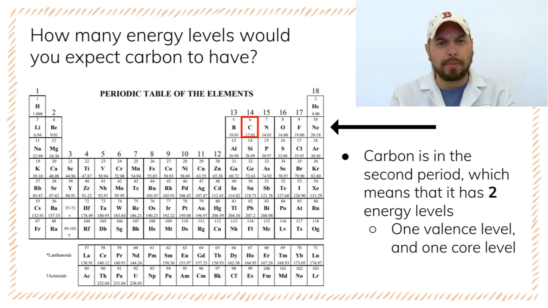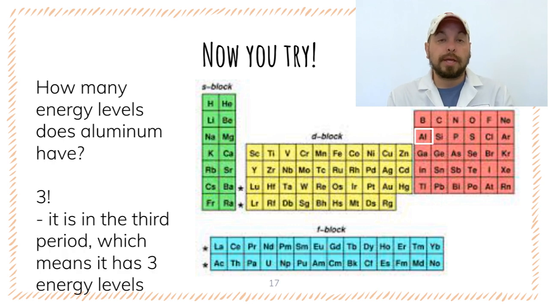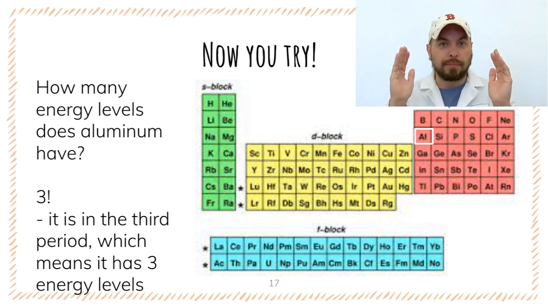In a later video, we're going to talk about how to account for valence electrons, how to diagram out these electrons, but it's simply important to understand that when you're thinking about an atom, you gotta know the quantum model. Take a look at aluminum. How many energy levels does it have? Yeah, three, right? It has three energy levels because it's in the third period. That means it has two core shells and one valence shell.